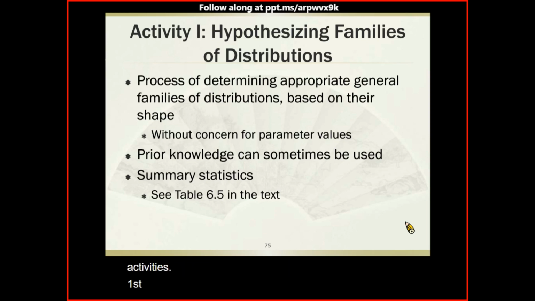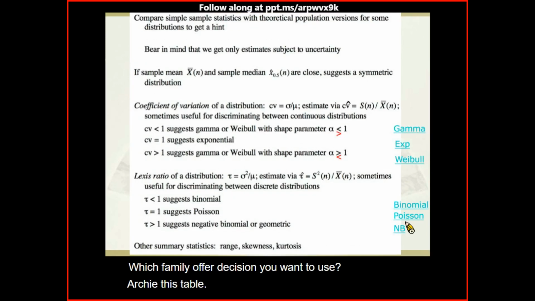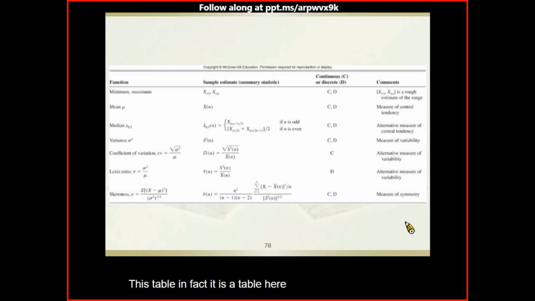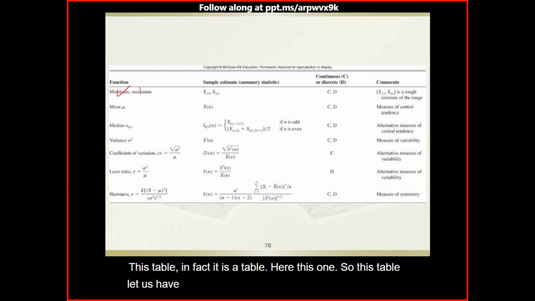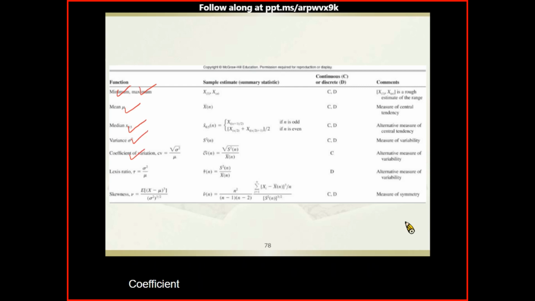First of all, we need to choose which family of distribution we want to use. Actually, this table is the table here. This table lets us have a range, minima and maxima, mean and median, variance, coefficient of variation, lexis ratio and skewness.